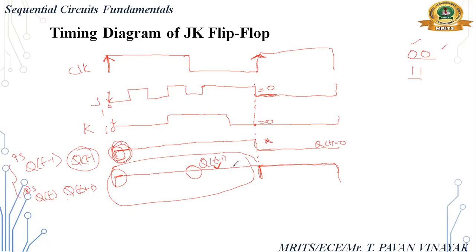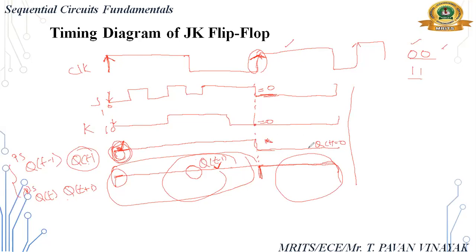Okay, don't forget: only for the initial state, Q of t minus 1 is this one. For the remaining states, see, this is a new clock pulse. For this clock pulse, the previous state is this one. Again, I got a new clock pulse like this. For this clock pulse, the previous state is this one.